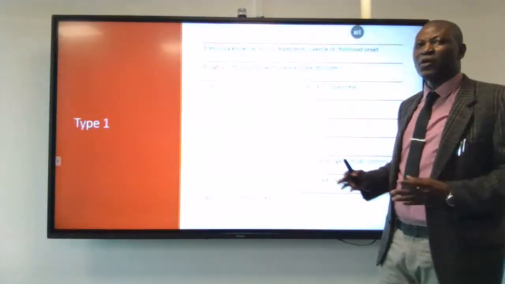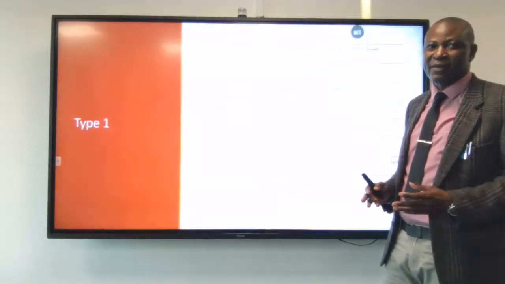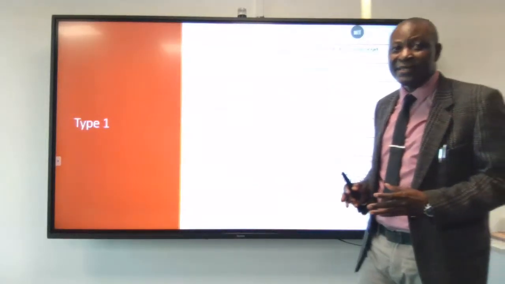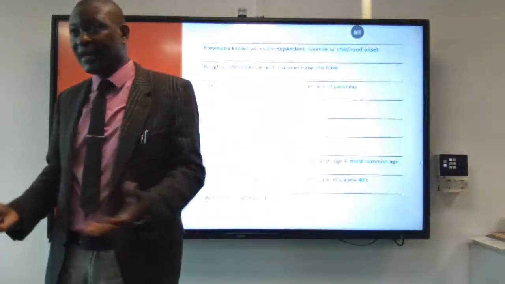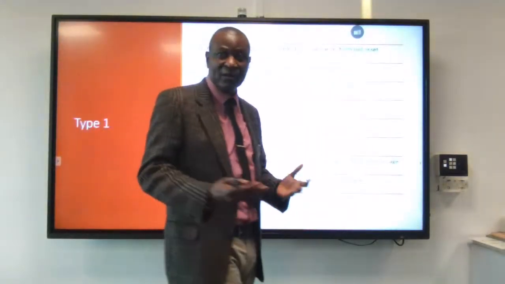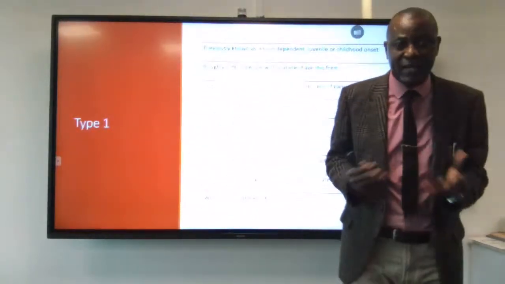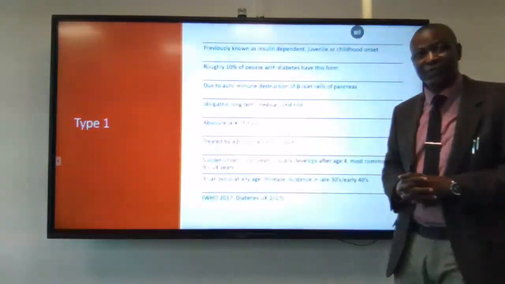Now, in the body, we have the immune system. The immunity helps us to fight infection. It is there to fight bacteria, viruses, and so on, and that is what it should be doing.